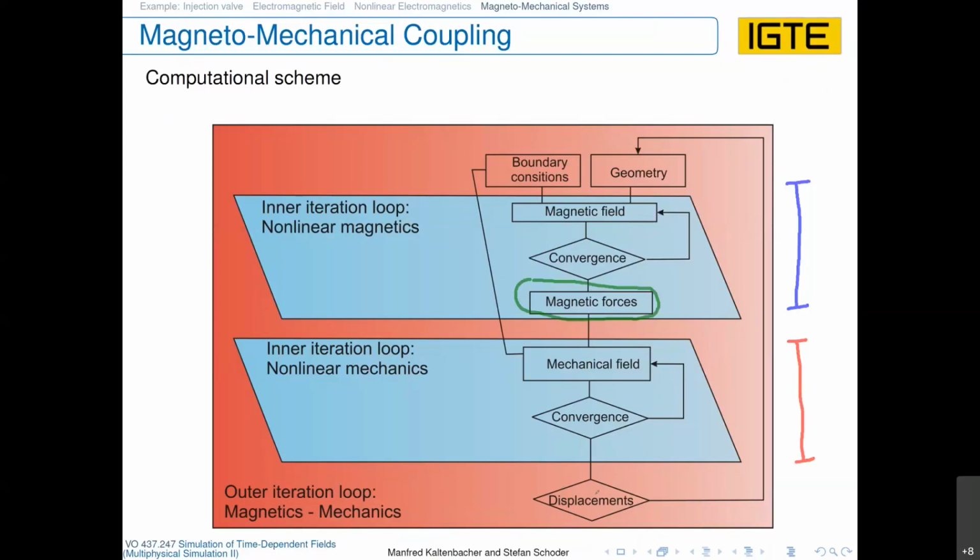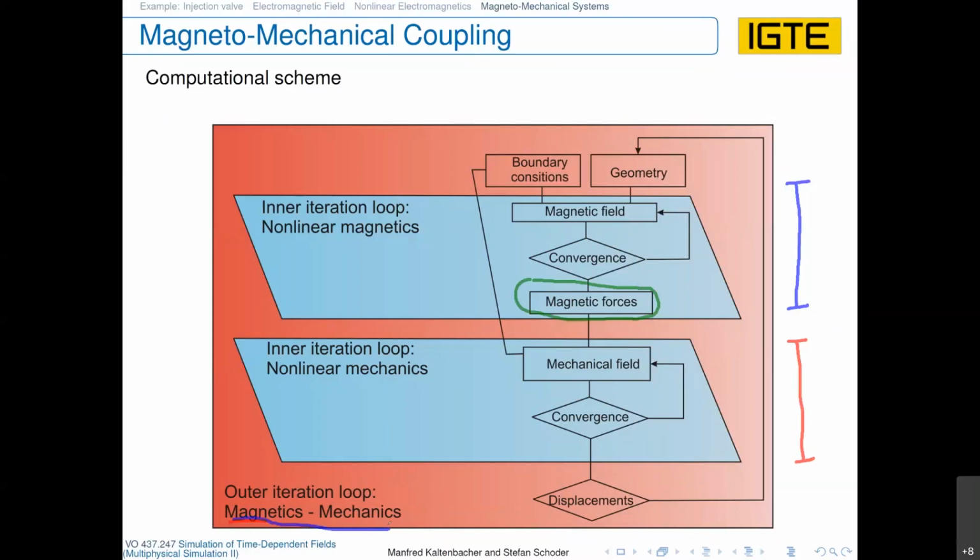Further convergence criteria for this outer iteration loop between the magnetic and the mechanical field could clearly also be the electromagnetic forces. Because if the electromagnetic forces are not changing, or the change is so small that you reach the convergence criteria, you should also measure this in a relative norm, as I have shown before for the mechanical displacement.